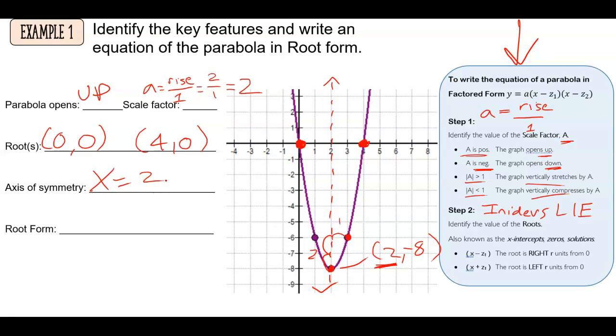Do you see how the vertical line touches 2 on the x-axis? X equals 2. Now root form, above root form, I want you to write y equals a times (x minus z1) times (x minus z2).